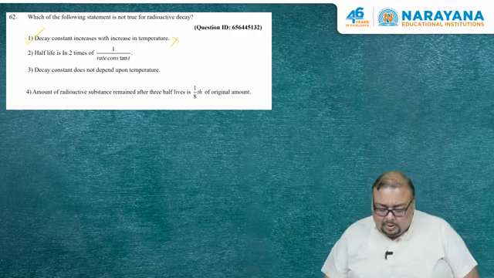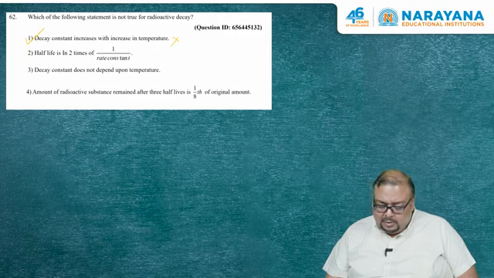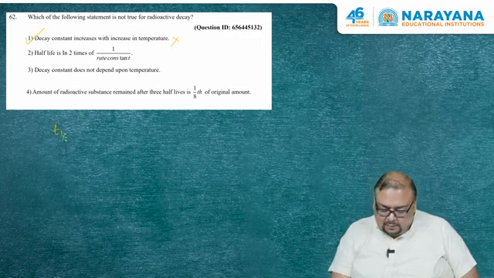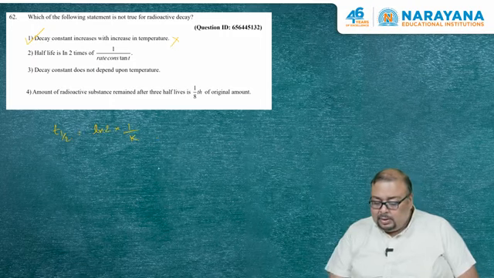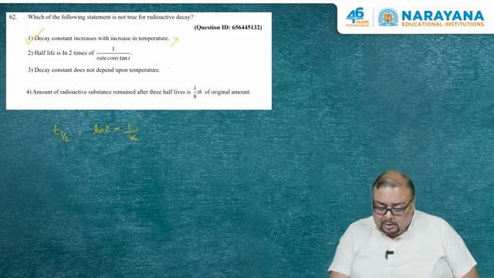But let us look into the other options. Half-life is ln 2 times 1 by rate constant. So t half is ln 2 into 1 by K. This is a correct statement. Decay constant does not depend on temperature is correct.